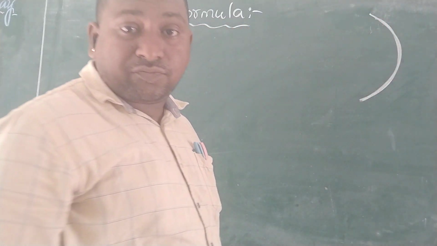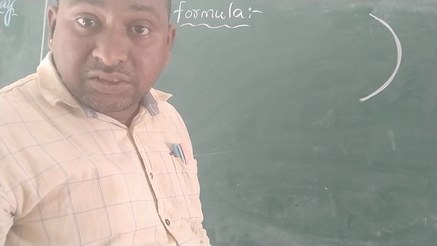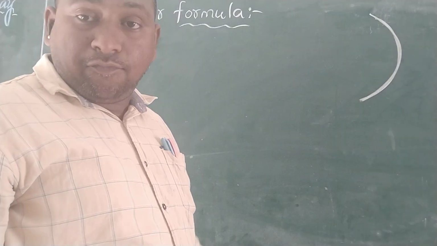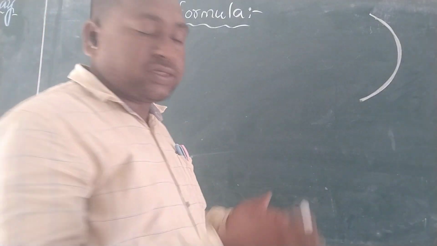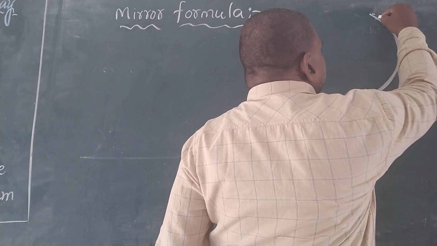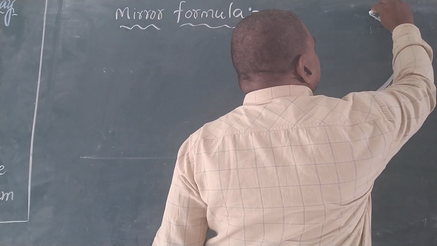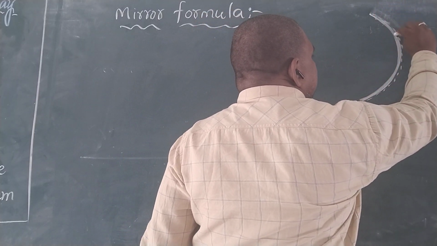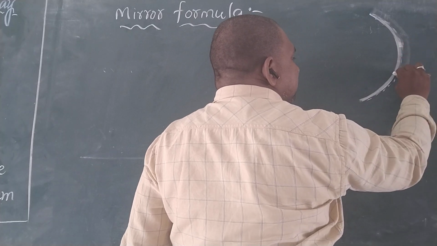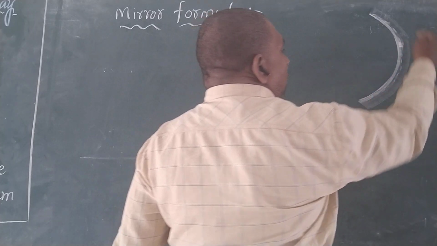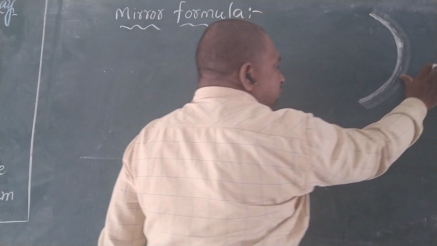This is a concave surface. When it is termed a concave surface, we paint the outside with silver paint. That means the inside is a reflecting surface, and the outside has an opaque paint.